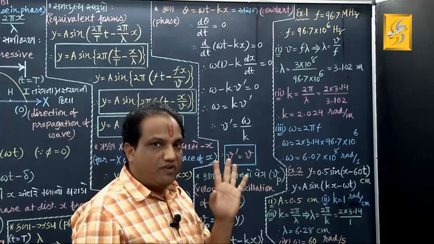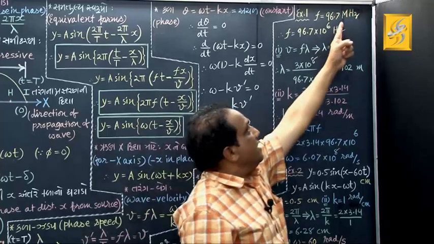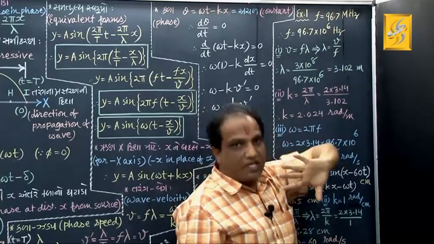Megahertz is not the SI unit of frequency. The SI unit of frequency is hertz. You must convert it into hertz: megahertz to hertz, just multiply by 10 raised to 6.